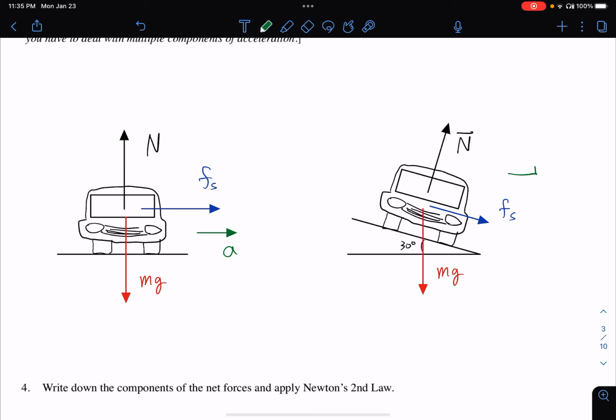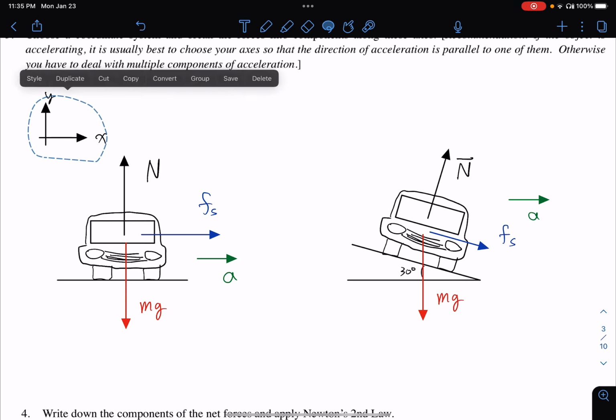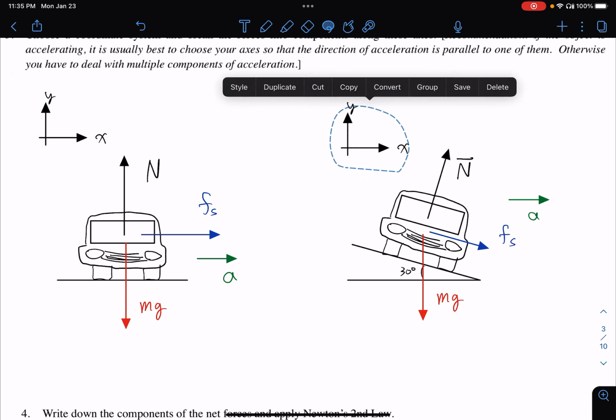So in both scenarios, the acceleration should be horizontal. Therefore, it's good to choose the coordinate with a horizontal axis, and we will of course call that the x-axis. Then we will have our y-axis. So this coordinate system should work pretty well for both scenarios.